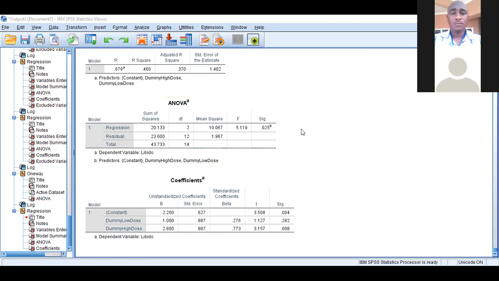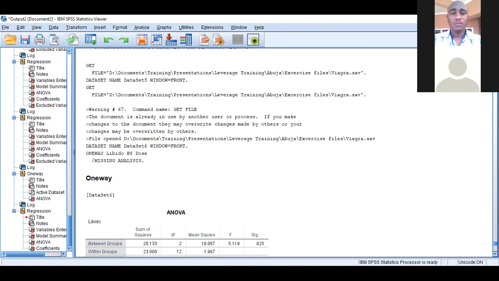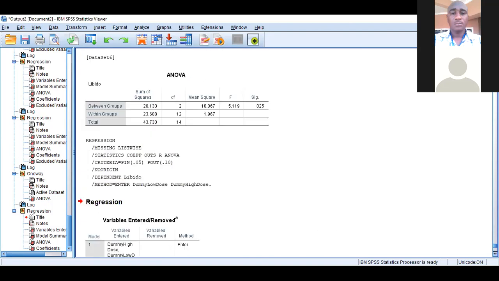If you go to the first one, look at the ANOVA. Because there are 3 groups, the degree of freedom for the group is 3 minus 1, which is 2.